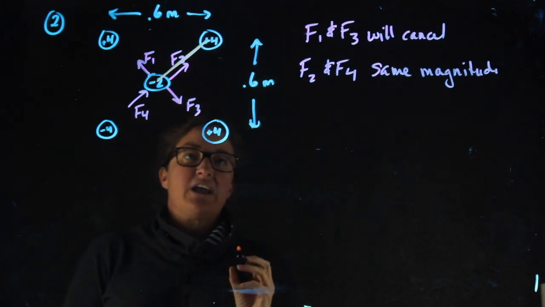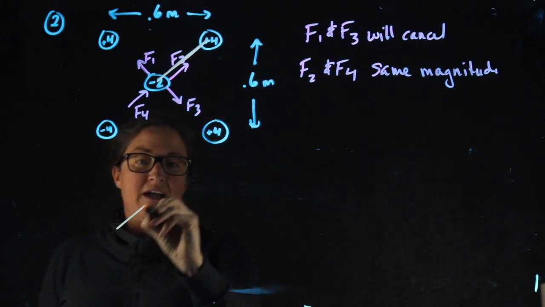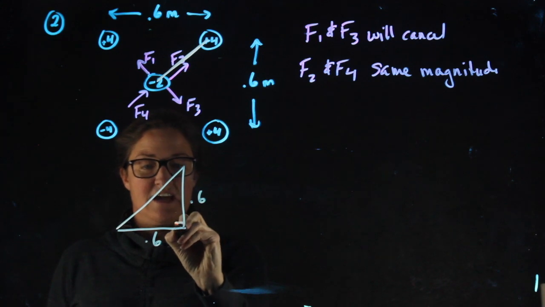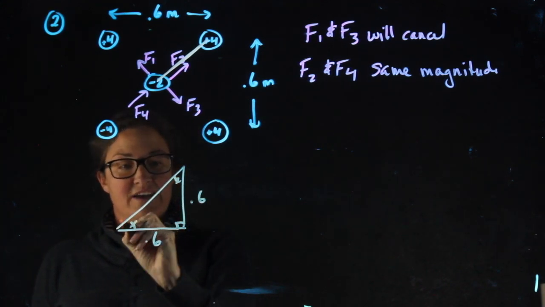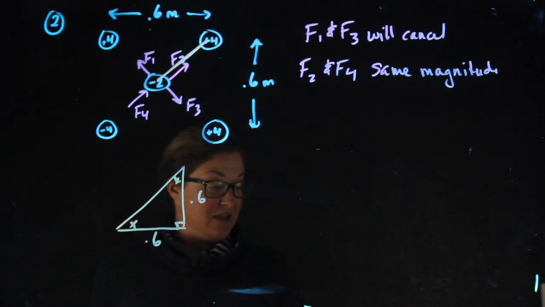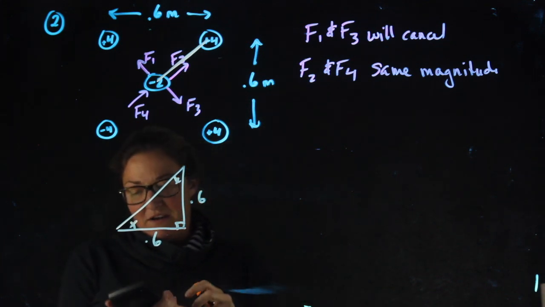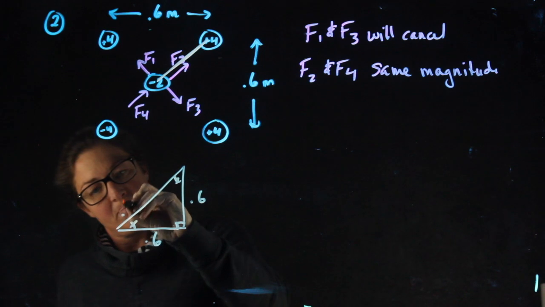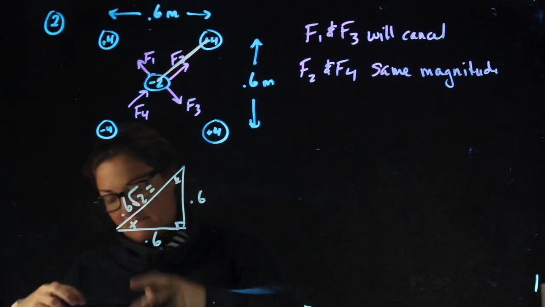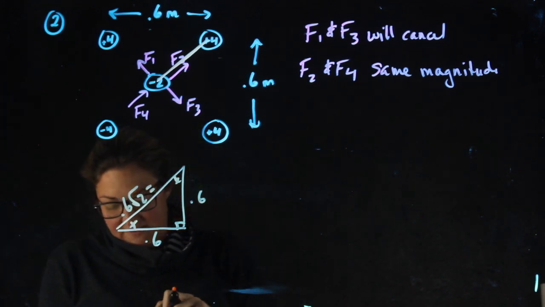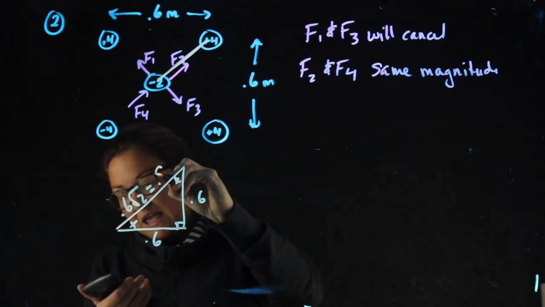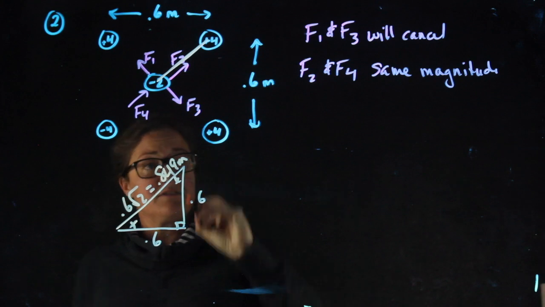So I'm going to look at the fact that I know it's a square. If I cut my square in half like this, at 0.6 on the side and 0.6 on the side, I have a 45, 45, 90, meaning my hypotenuse will be 0.6 root 2. 0.6 root 2 gives me 0.849 meters.